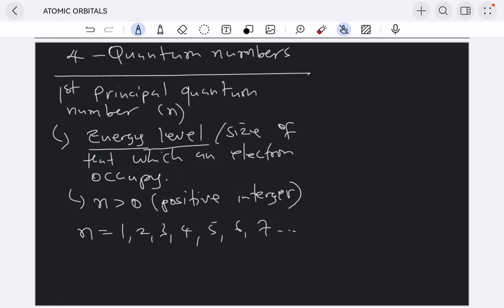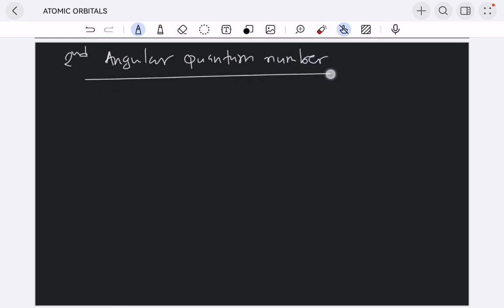And once we have an understanding of the principal quantum number, then we can look at the second, which is known as the angular quantum number or the azimuthal quantum number. What does this focus on? So this obviously is denoted by small letter l.